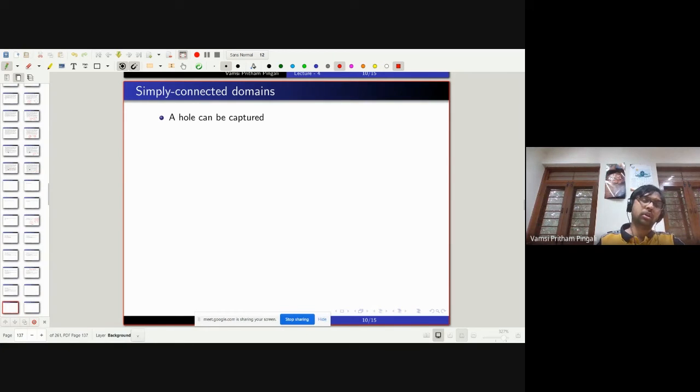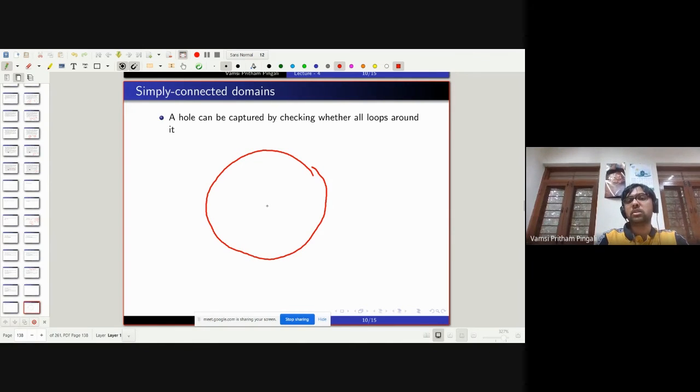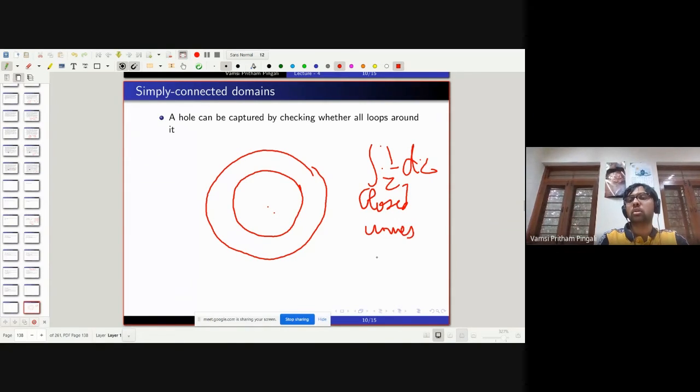A hole can be captured by checking whether all loops. So how can I characterize this hole at the origin? Okay. One way is by using this notion of a winding. One way is by doing this, right? By checking if around all closed curves, this is 0 or not.